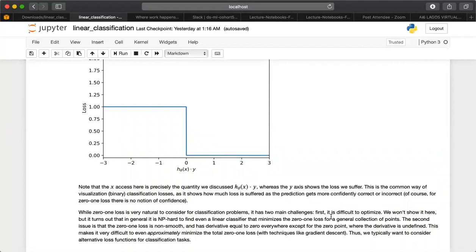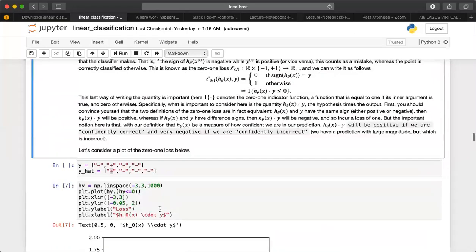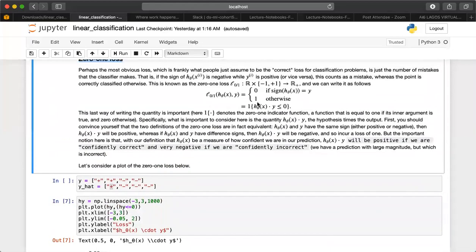If you wanted to optimize it, you would probably have to find the partial derivative, the gradient of the loss function, which I'm still wondering how you would find.